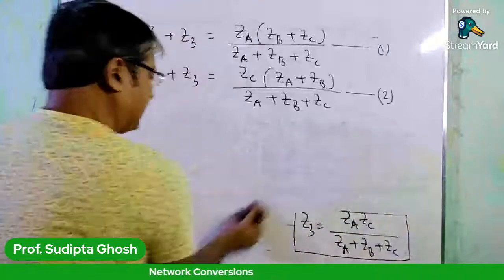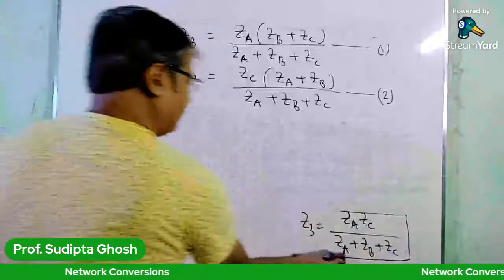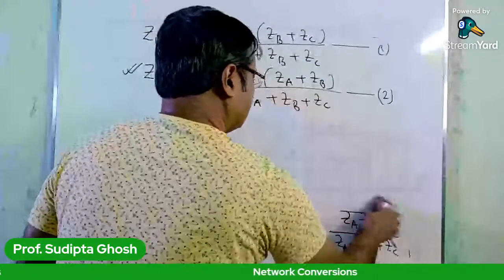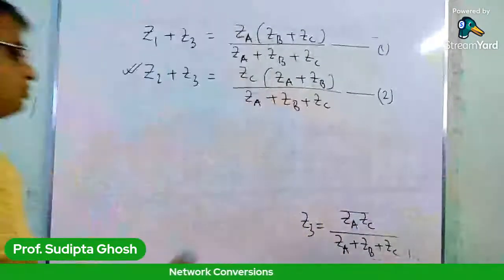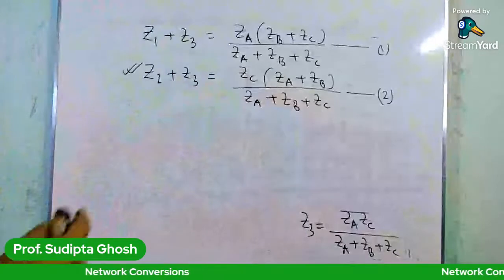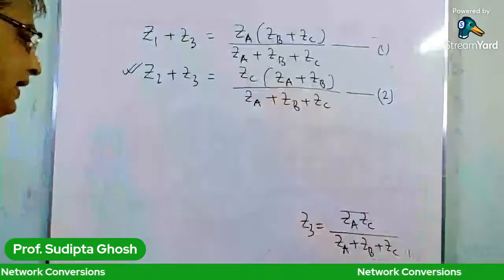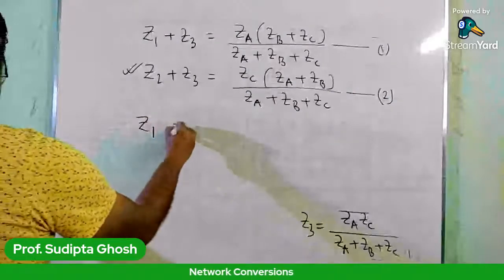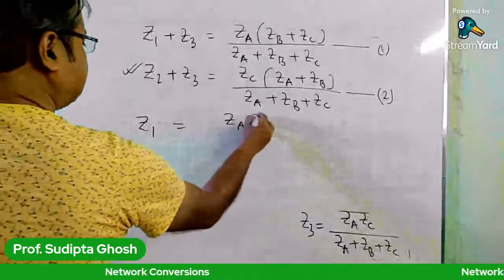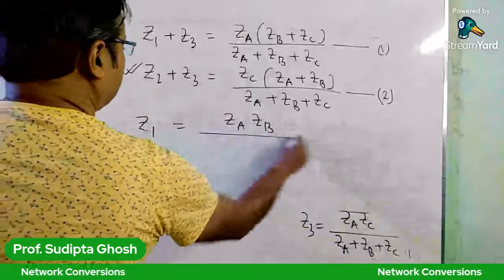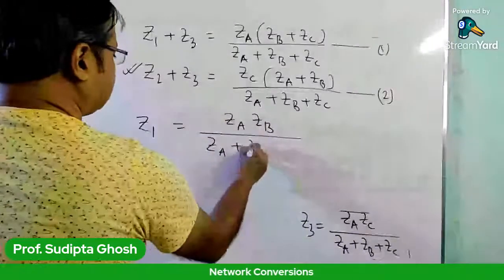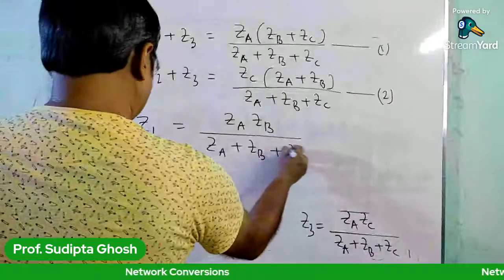Going through this similar pattern, we have the value of Z1 as ZA ZB by ZA plus ZB plus ZC. It is the value of Z1.